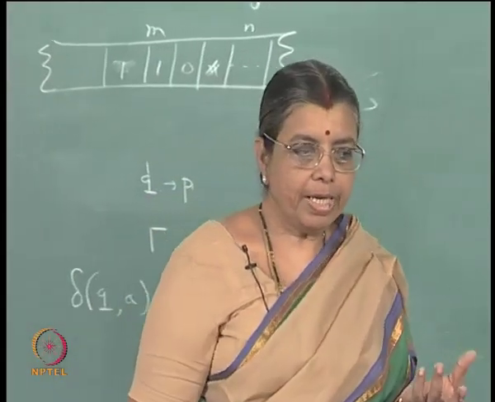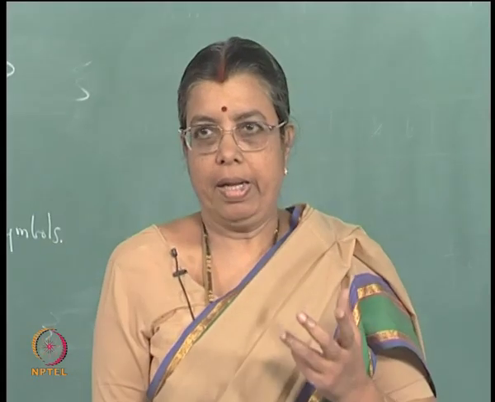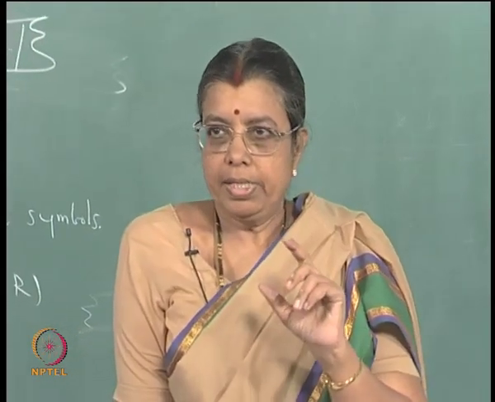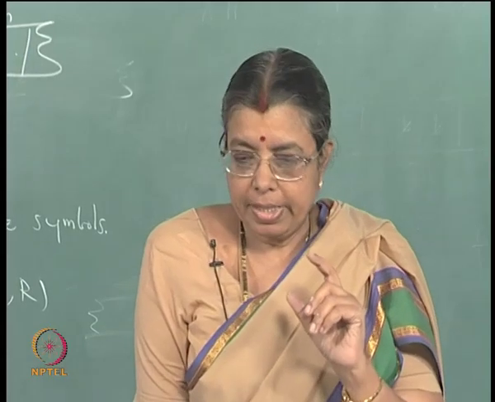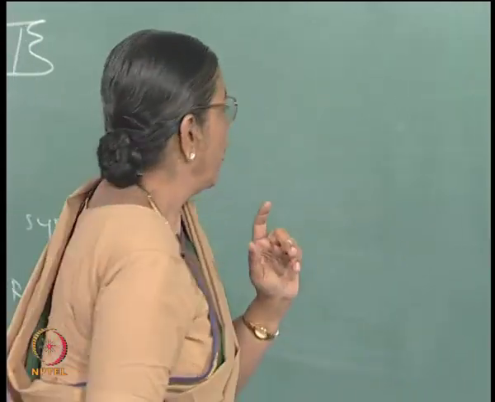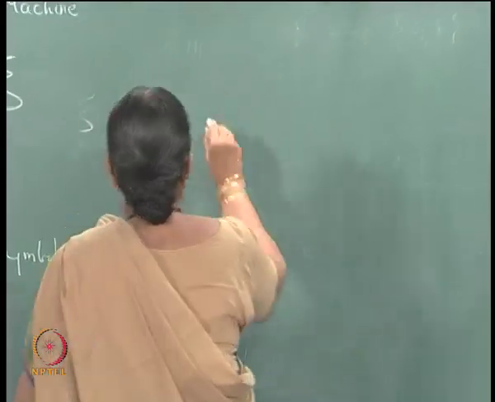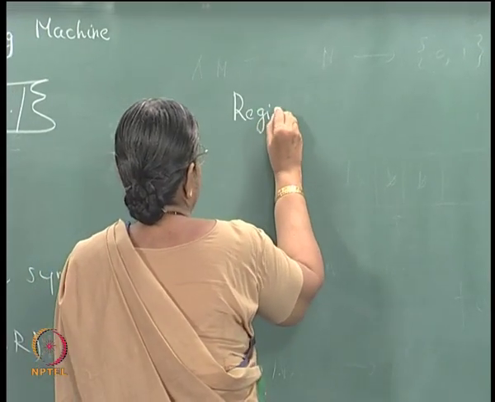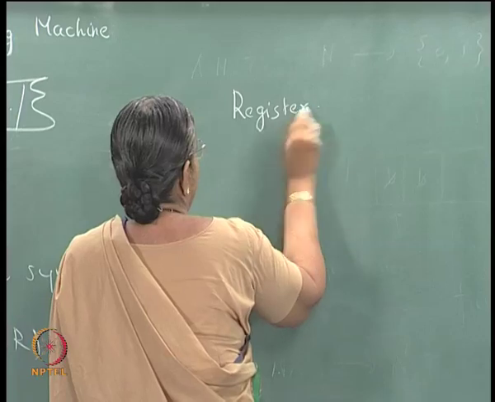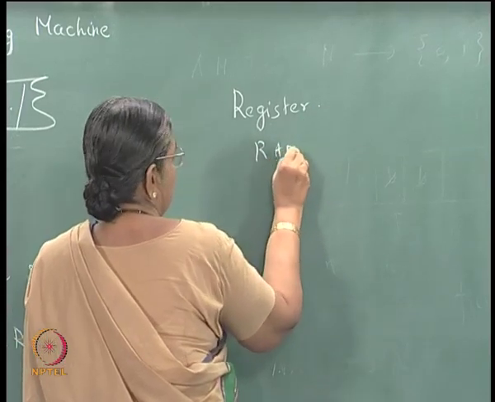The difference between a Turing machine and the current computer is, Turing machine is not random access, whereas the current thing is random access. So, you talk about register machine or random access machine.